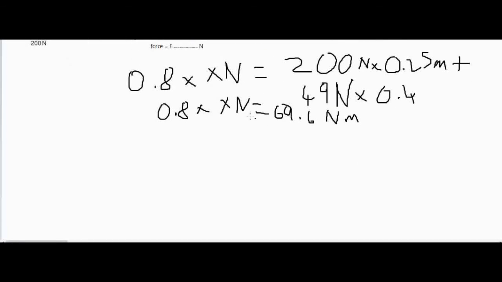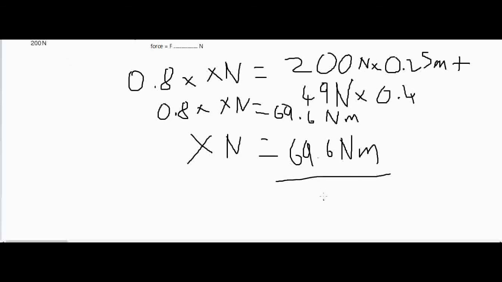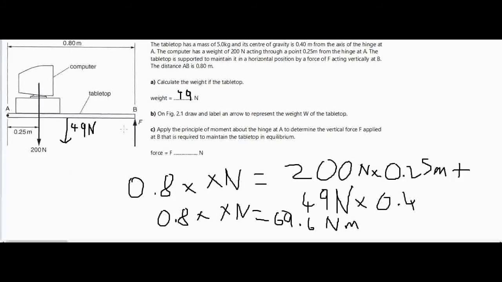Now we can transpose and say that x newtons is equal to 69.6 newton meters divided by 0.8 meters. Meters cancels meters, and dividing this, we get precisely 87 newtons. So the force acting here is 87 newtons. Let's move on to the next question.